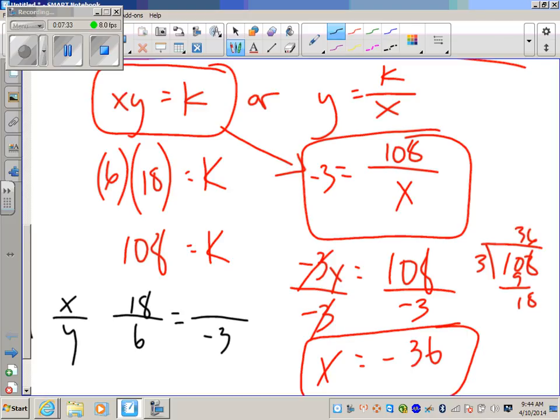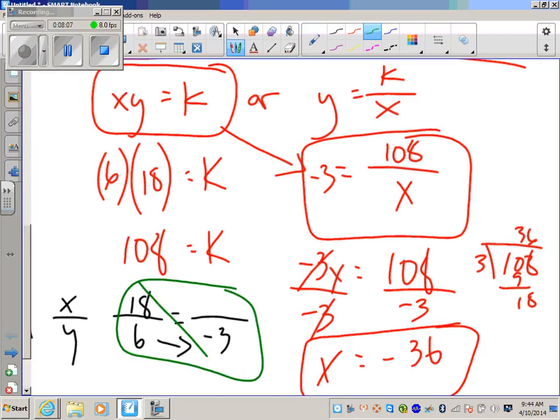Does that work? Divided by negative 3? Or times? Is that going to work? Not going to work. Not when it varies inversely. I don't think it's going to work. Let's stick with this.